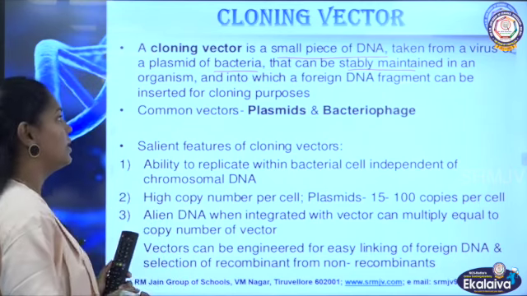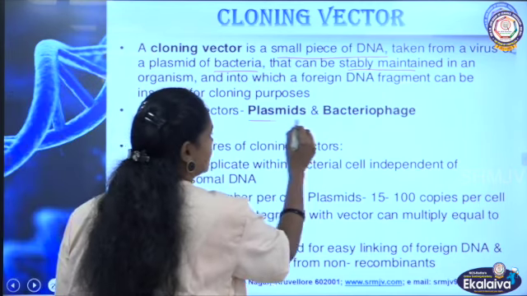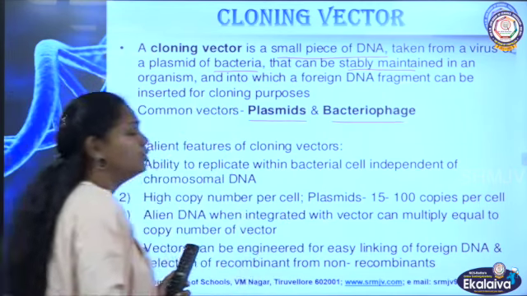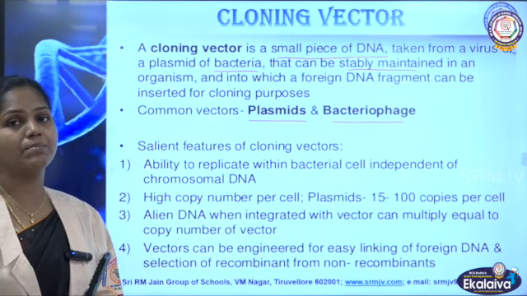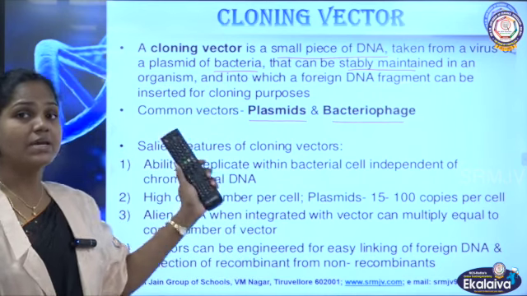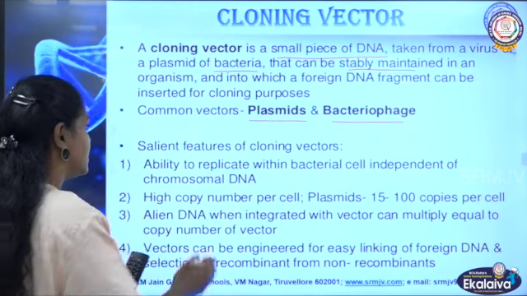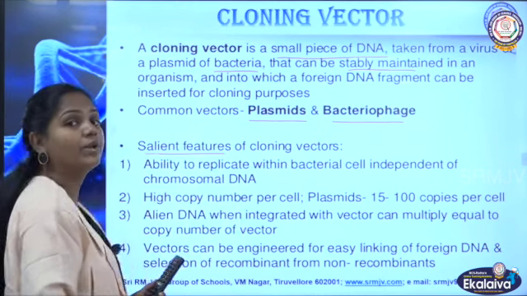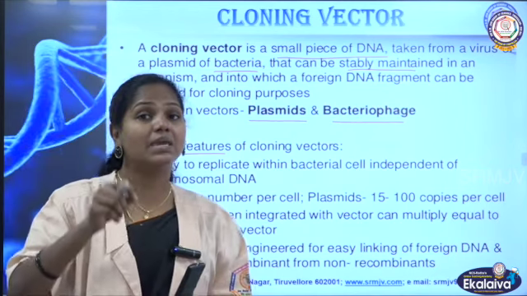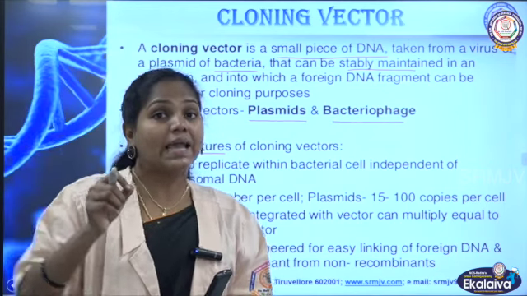The most commonly used cloning vectors in rDNA technology are two: plasmids and bacteriophage. These are the two main vectors we use. Now the salient features of a cloning vector, which make it an ideal vector.